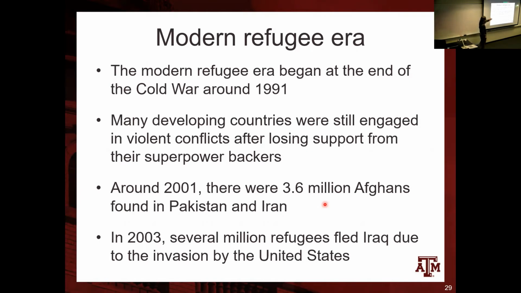Around 2001, there were 3.6 million Afghans found in Pakistan and Iran because of the previous Soviet invasion. 2003, several million refugees fled Iraq due to the invasion of the US. So the US messed up the life and the dynamic of several countries throughout history. And in recent history, right, for Afghanistan and in Iraq.